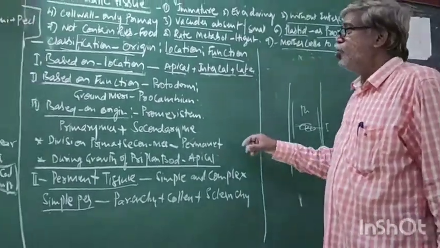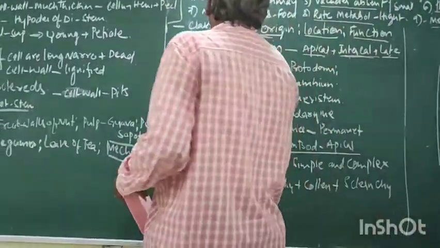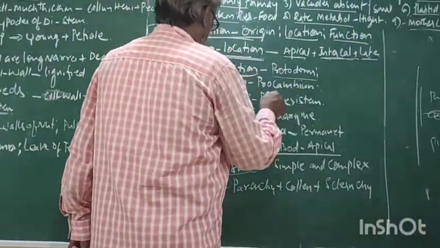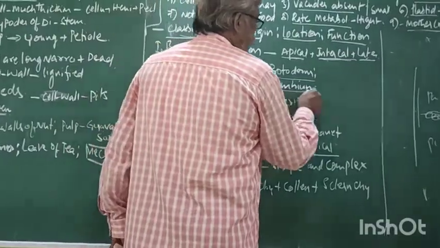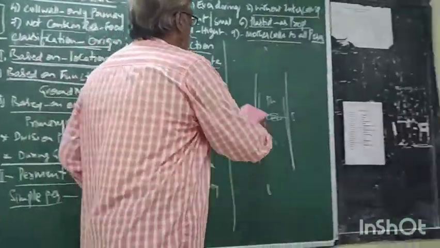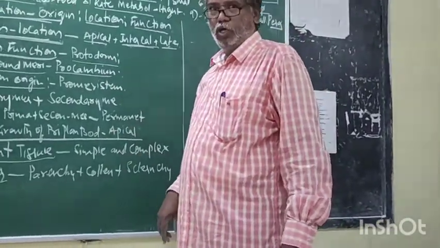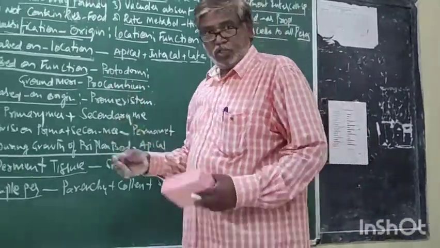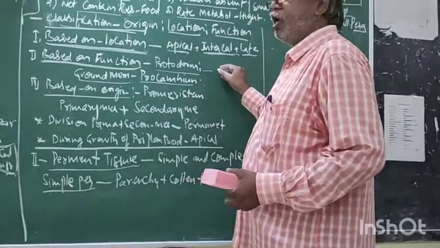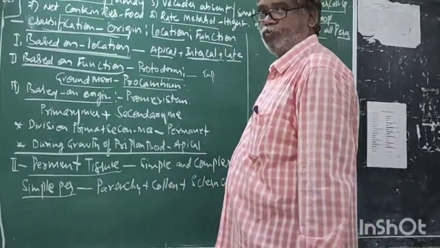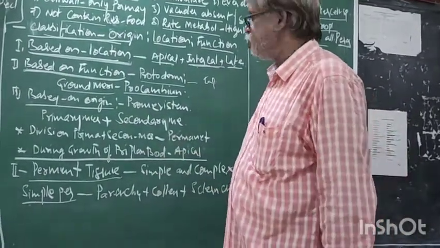Now the next one, based on function: protoderm, ground meristem, procambium. Now, what is protoderm? If meristem forms epidermis, only epidermis.